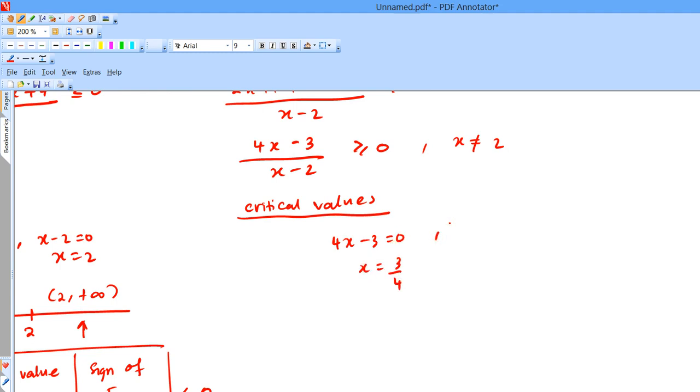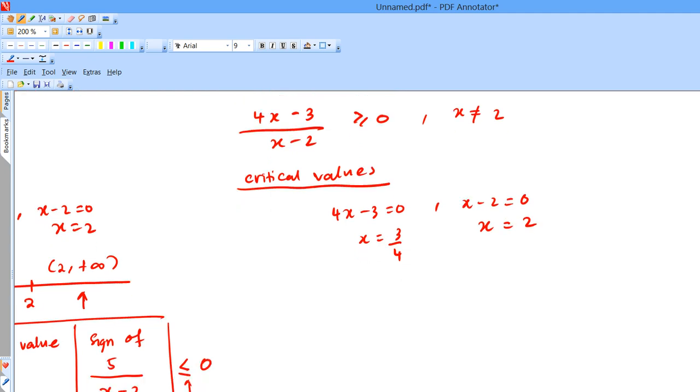And the second one, at the denominator, x − 2 = 0, x = 2. So we have two critical values, 3/4 and 2. So from the real number line, 3/4 and 2, we will have 3 intervals.